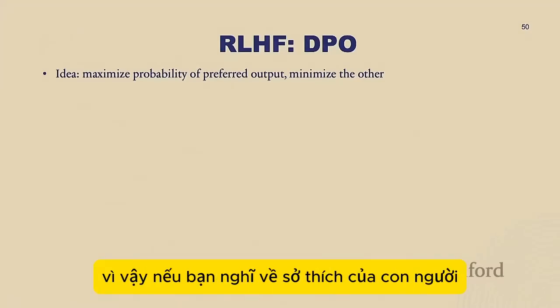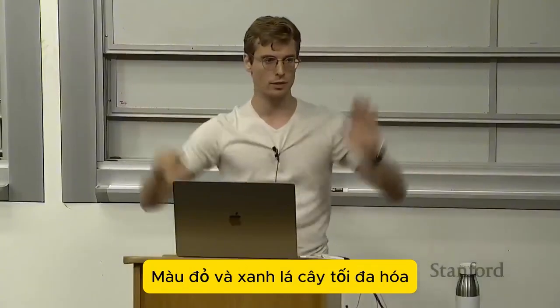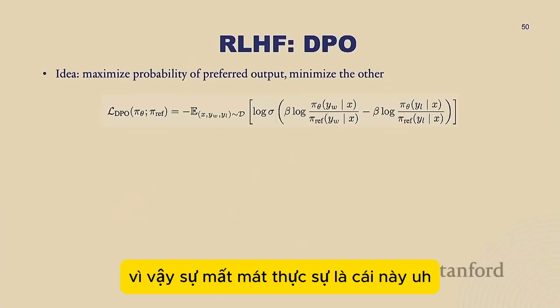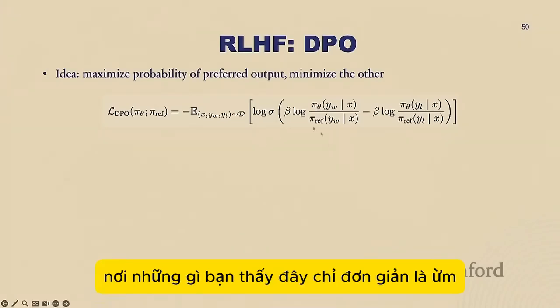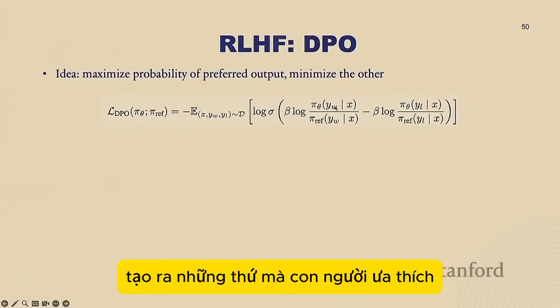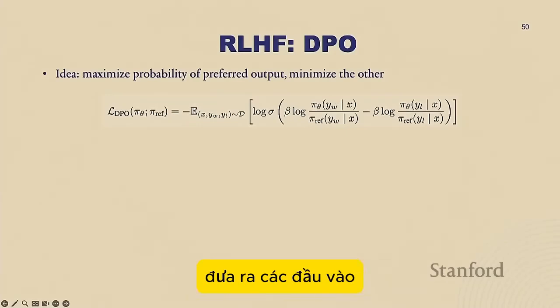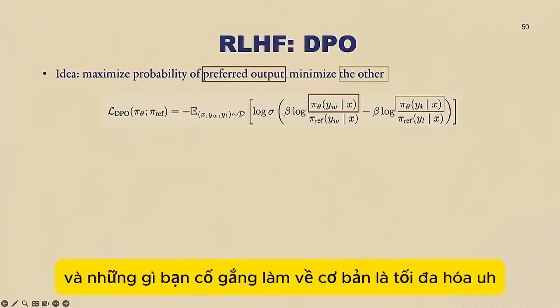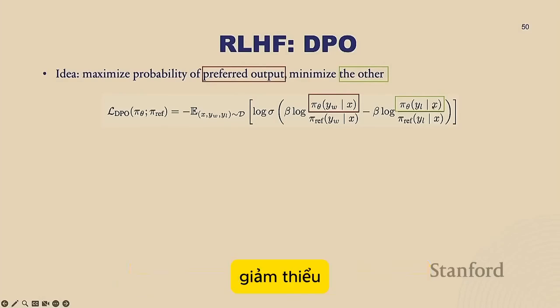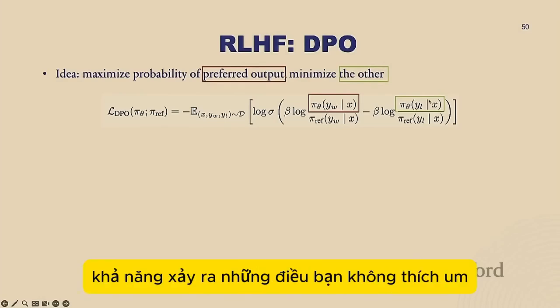If you think about the human preference, the red and green, maximize green, minimize red. So the loss is this one, where you see simply some log of the model. This is the likelihood of the model generating the things that the human preferred given the inputs. And what you try to do is maximize the likelihood of generating the things that you like, minimize the likelihood of the things that you don't like.